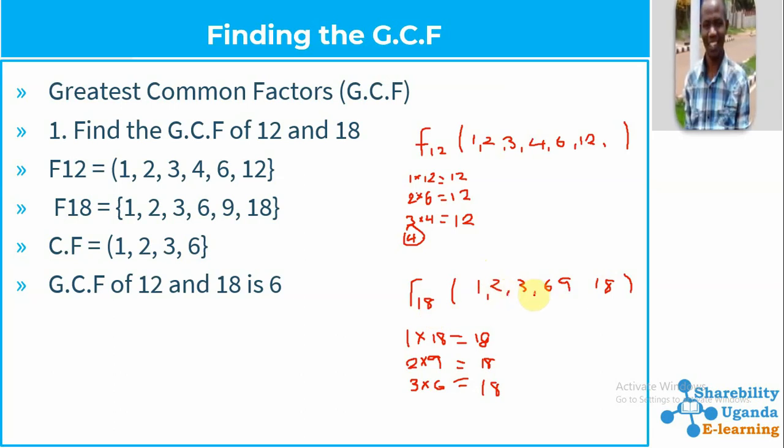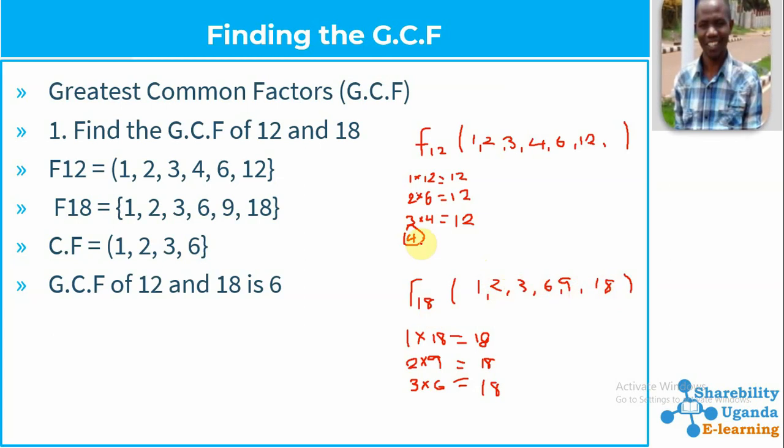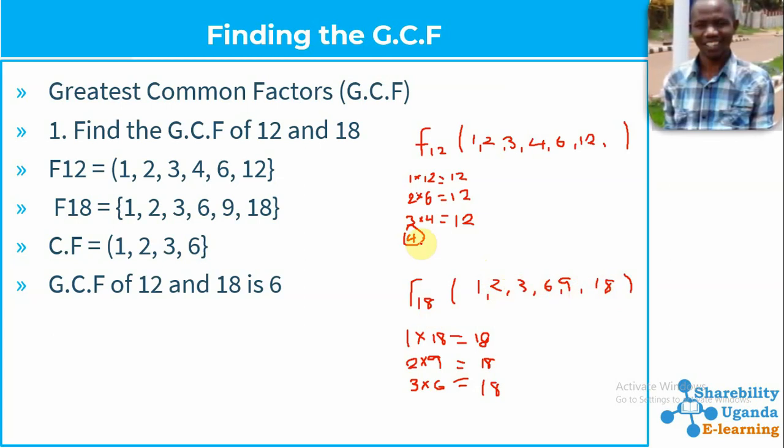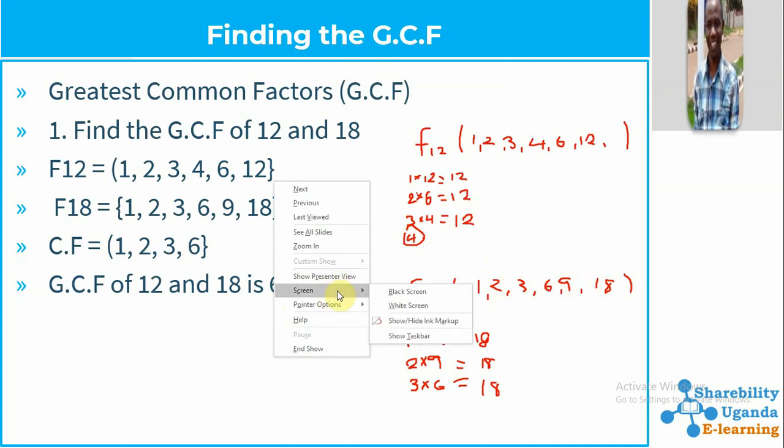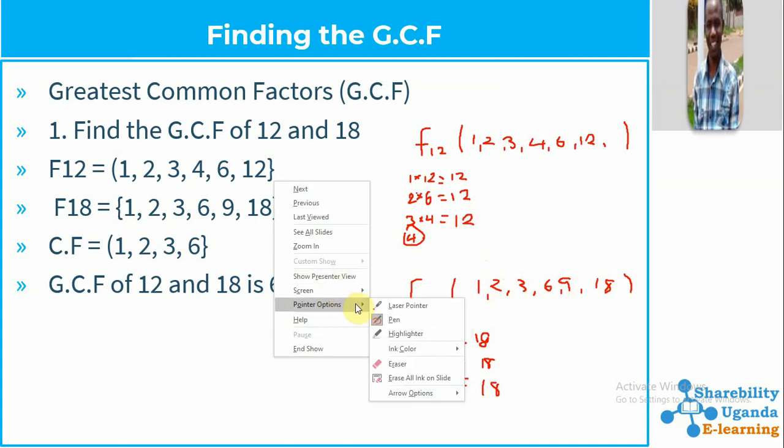The factors of each. So after identifying the factors of each, then you should be able to do what? You should be able to identify which ones are the common factors. Okay, for us to get the common factors, now we have to look at this very well.